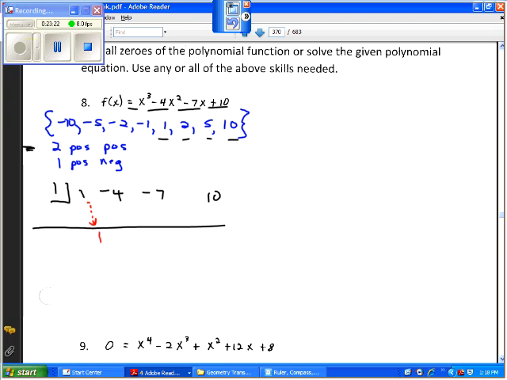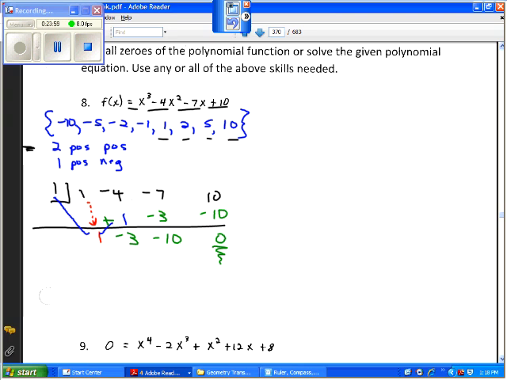Then we multiply 1 times 1 and put it up there, and add and get negative 3. Then multiply and get negative 3, and add and get negative 10. Then multiply and get negative 10, and add and get 0. So we got a hit the first time with a positive 1.